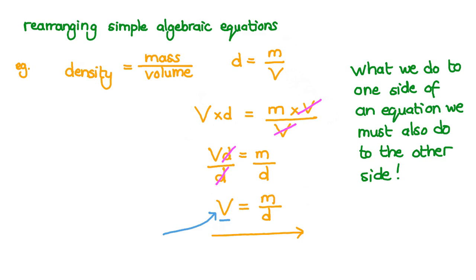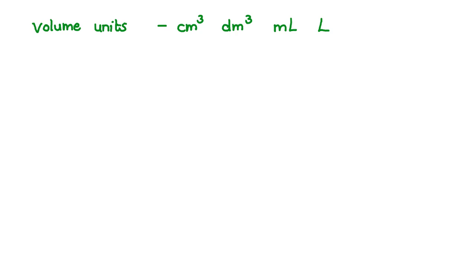Before we summarize everything we have learnt, let's very briefly have a look at the different units used for volume, because in chemistry there are several different units that we use. Volume units used in chemistry are centimeters cubed, decimeters cubed, milliliters, and liters. The conversion factor between centimeters and decimeters is 10 centimeters equals 1 decimeter.